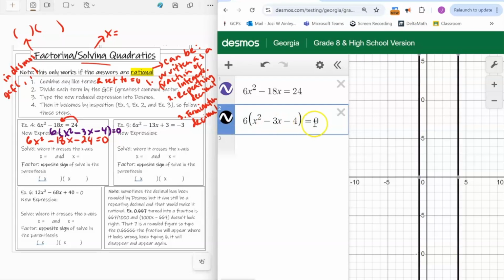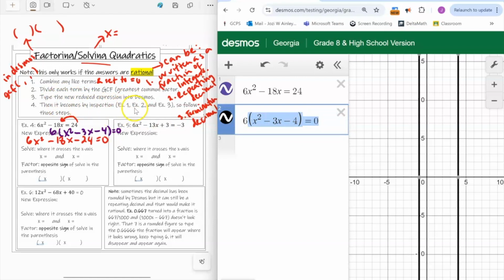Yep, it does. When you don't put the equals 0, it doesn't match, because an expression is not the same as an equation. So make sure you put the equals 0 to check that it does match. So perfect, that matches. I factored that out correctly, so I'm good. Type the new reduced expression into Desmos. That's what I just did right there.